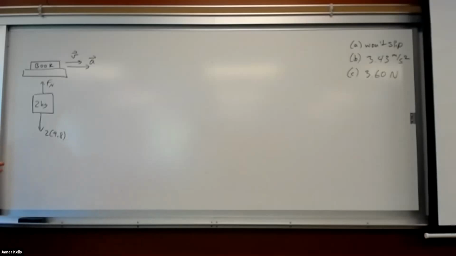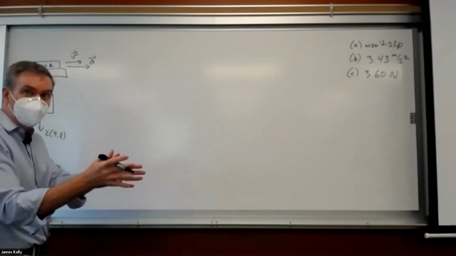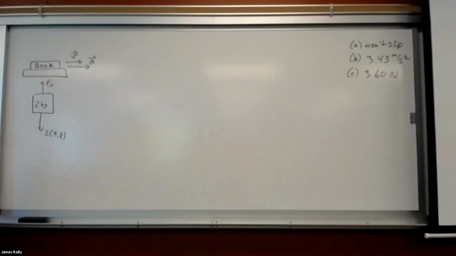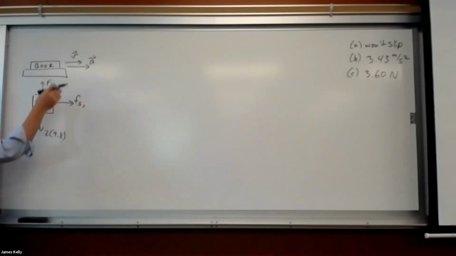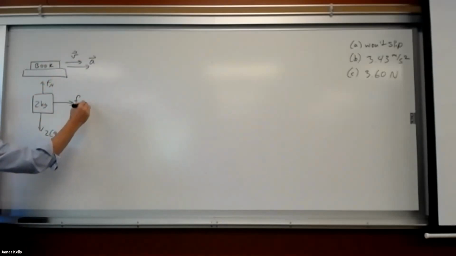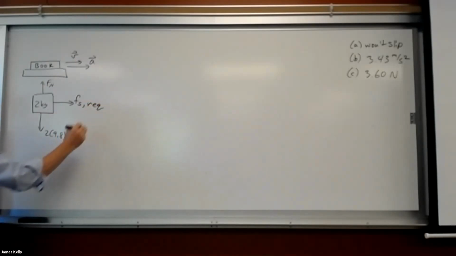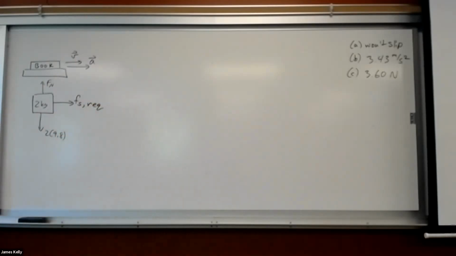So it wants to go back. That means the friction force has got to be holding it in that position. So in this case, there's a friction force. We'll call it the static friction force in that direction. And maybe just to remind myself what it means, if that's the only force and it's accelerating with this acceleration, I'm going to put REQ for the required static friction force.